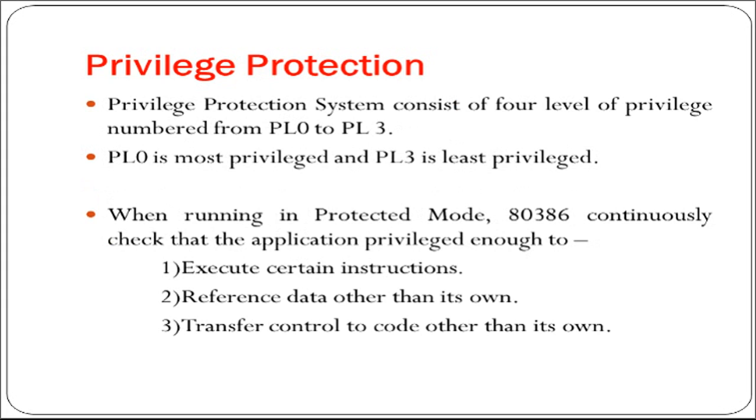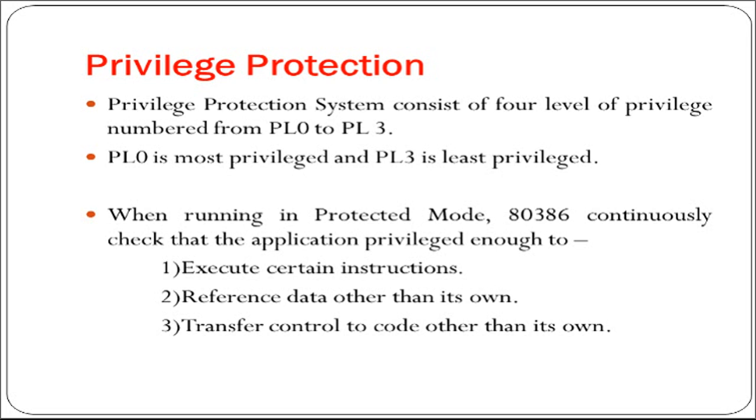Before going to the main topic, let's see how the privilege level is there and how the protection is applicable in protected mode. There are four privilege levels from PL0 to PL3, with PL0 as the most privileged and PL3 as the least privileged.